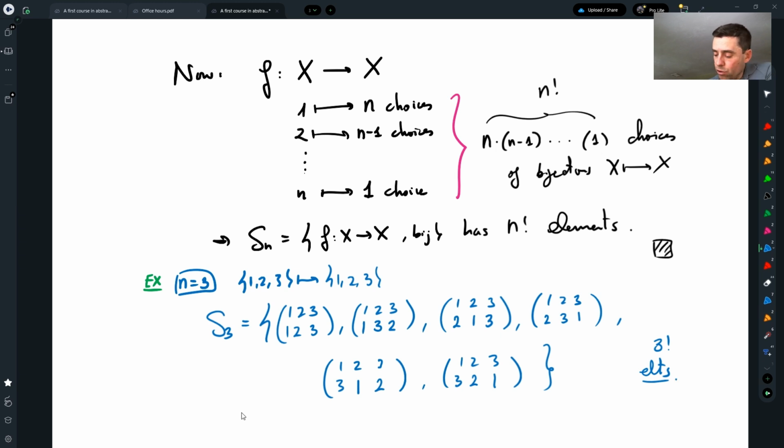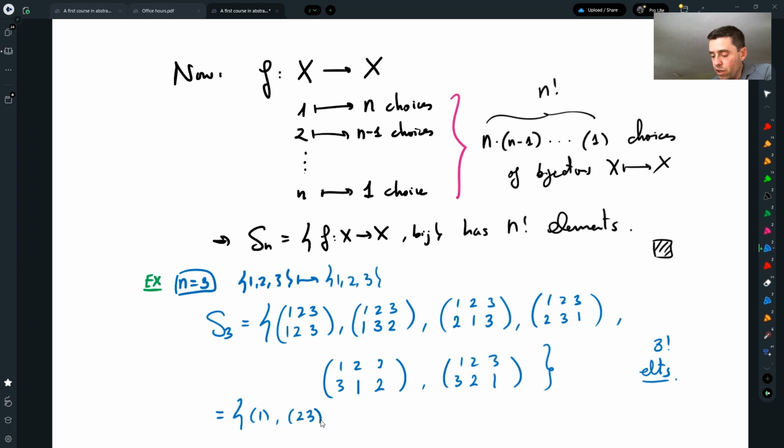In my compact notation, by the way, S3 is, we have the identity element, so just 1 goes to 1, or if you want the empty cycle, everything goes to itself. Then the second element, 1 is fixed, but 2 goes to 3 and 3 goes to 2.